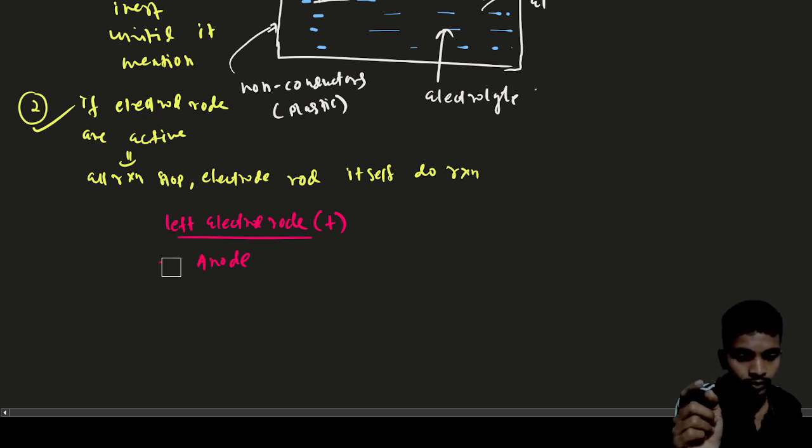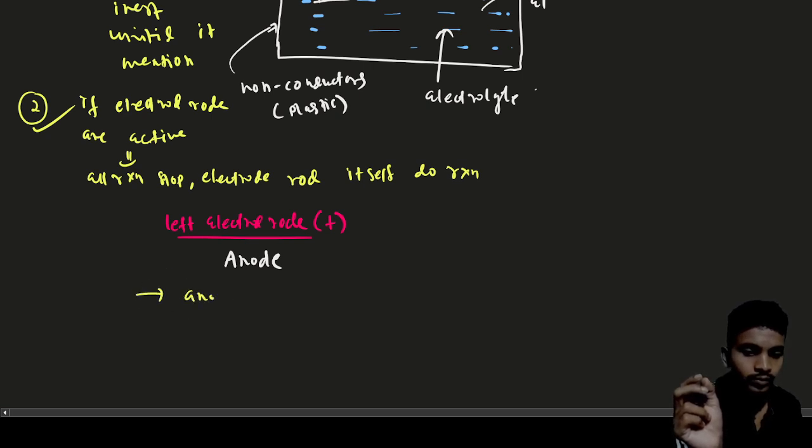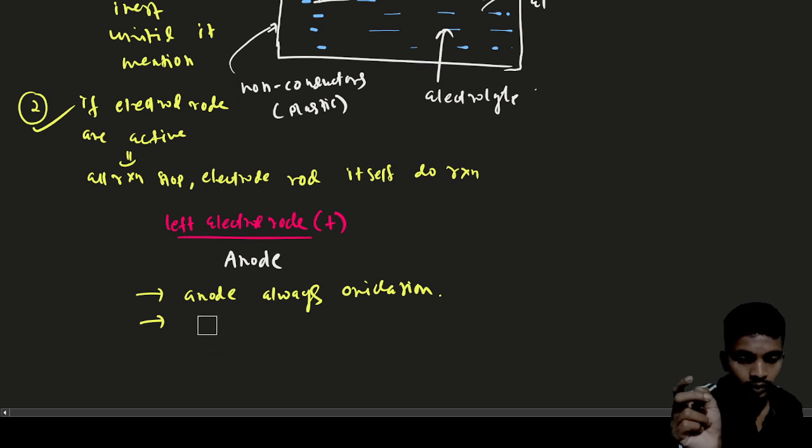In the anode, oxidation always happens, and oxidation means loss of electrons.